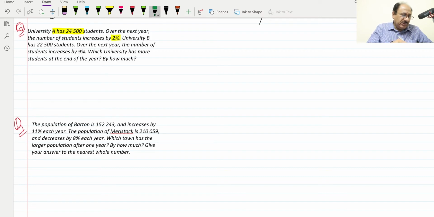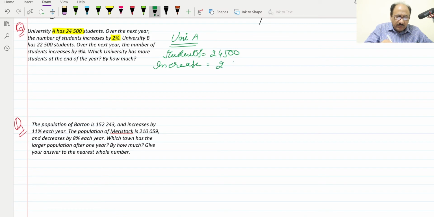So for University A, the situation is the number of students is 24500, and the increase is 2%.